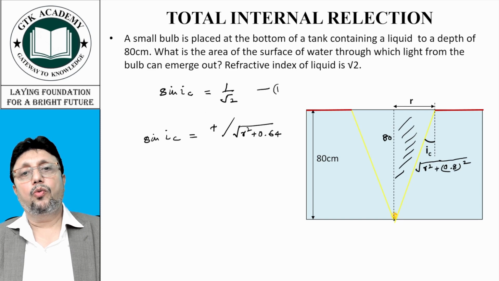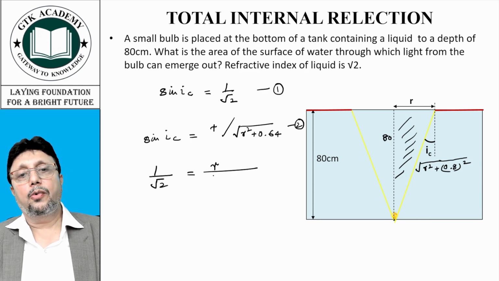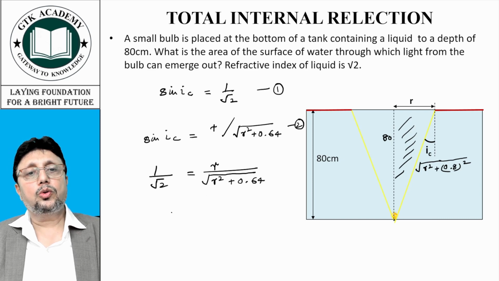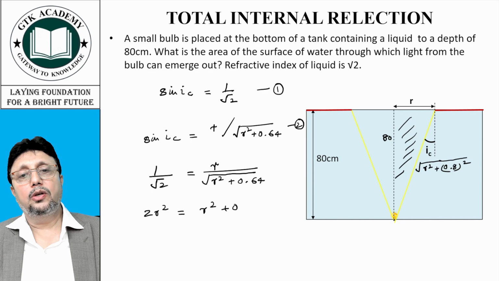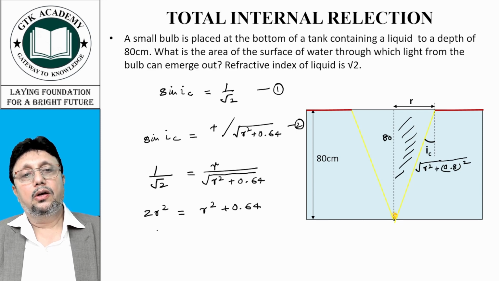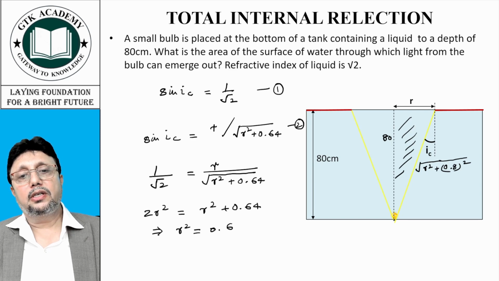Now this is equation 1 and this is equation 2. You can equate both of them. 1 upon under root 2 is equal to R upon under root R square plus 0.64. Now square and cross multiply. That means 2R square is equal to R square plus 0.64. That means R square is equal to 0.64.